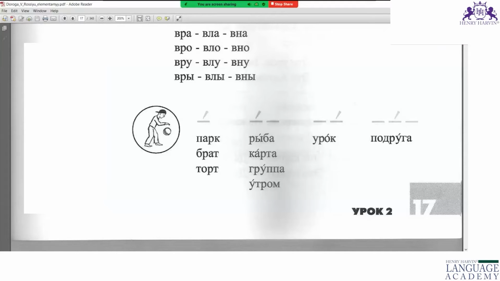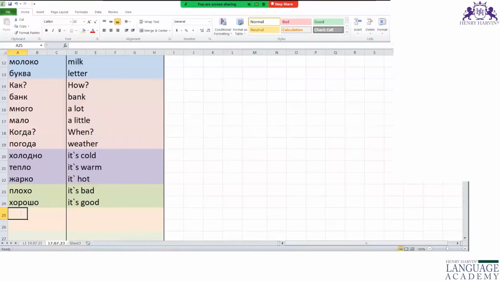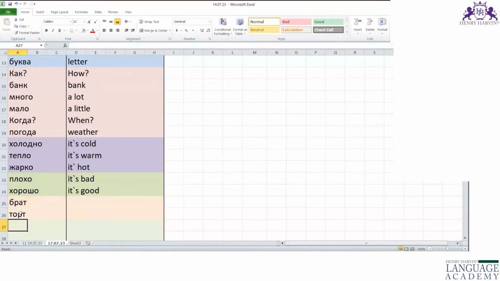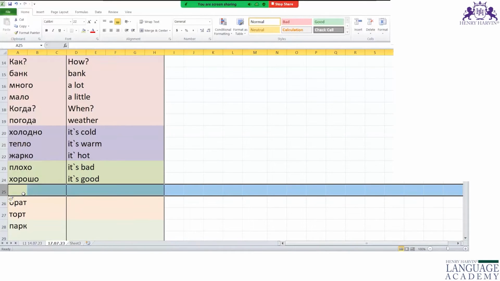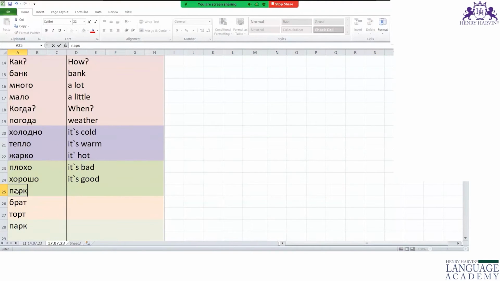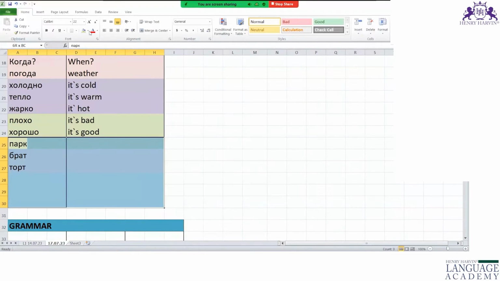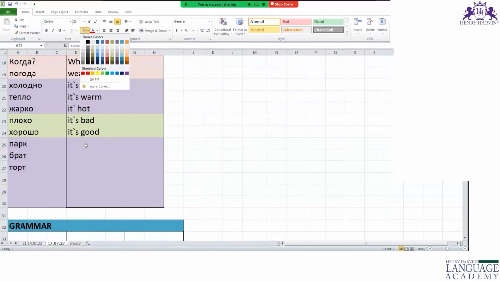Park, brat, and what else we had? Торт. Park is a park to walk in, right?